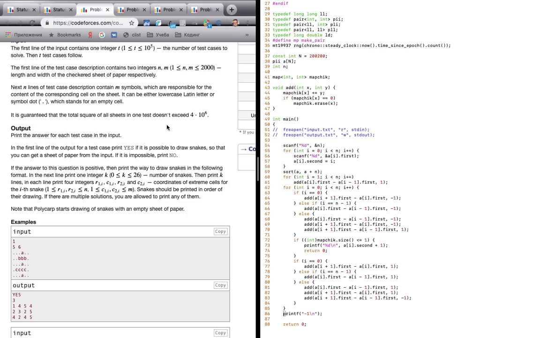So to check that a segment can really be drawn using this letter, everything in the segment should be either this letter or a question mark. Otherwise, we just say the answer is no. And also, it can happen that there are no letters left. Like we can draw a segment of size 1 and then a segment of size 1 over it, and it will be just B.